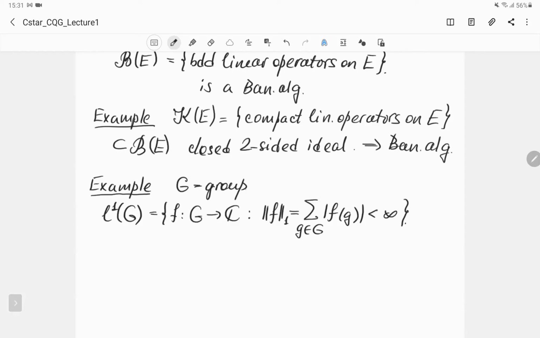Well, this is known to be a Banach space with respect to this l1 norm. But it is also a Banach algebra. The multiplication in this algebra is called convolution. And the convolution is defined as follows.